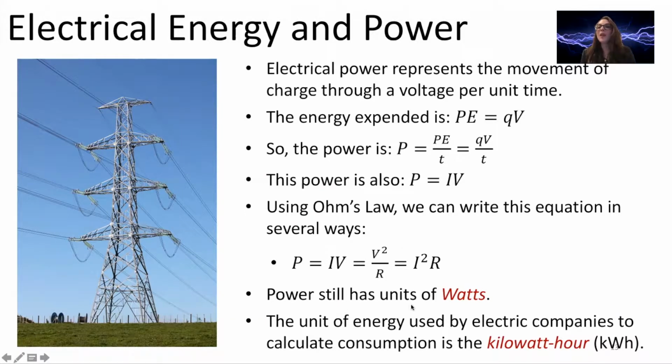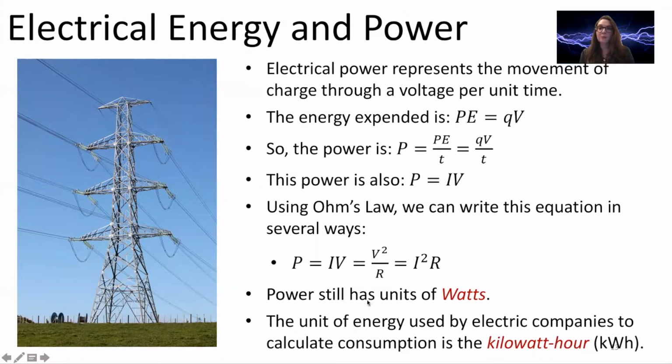Now, power has units of watts. Electrical power has the same unit as the power that we were talking about last semester, which was mechanical power, units of watts. And the unit of energy used by electric companies to calculate energy consumption is the kilowatt hour, which we represent as kW times h.